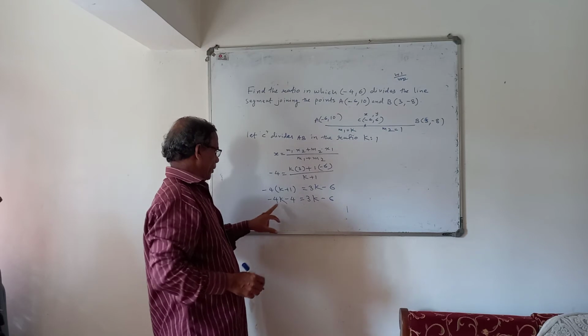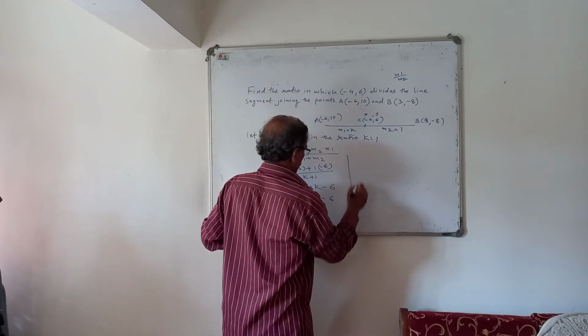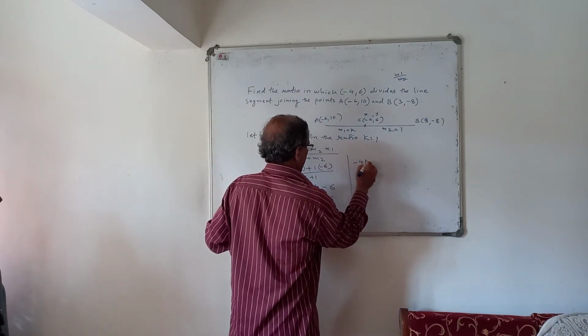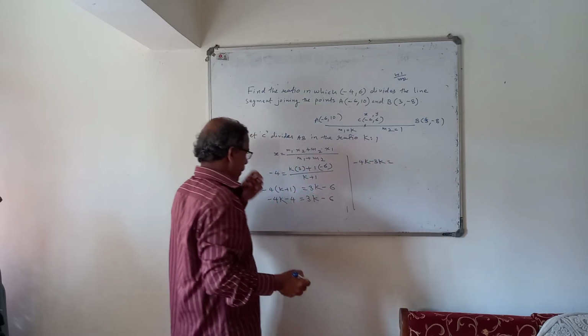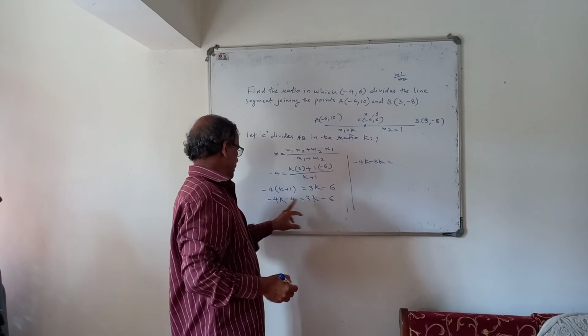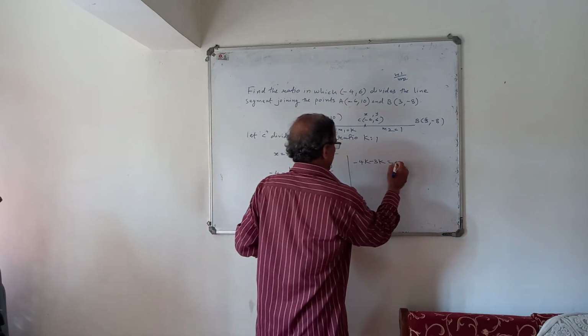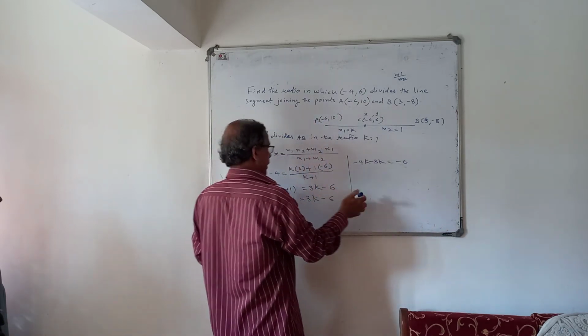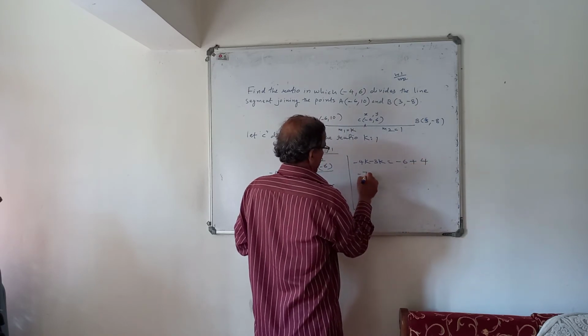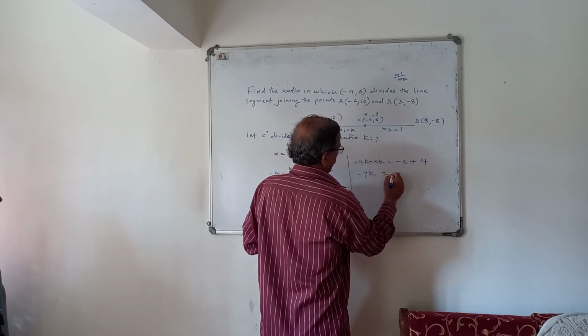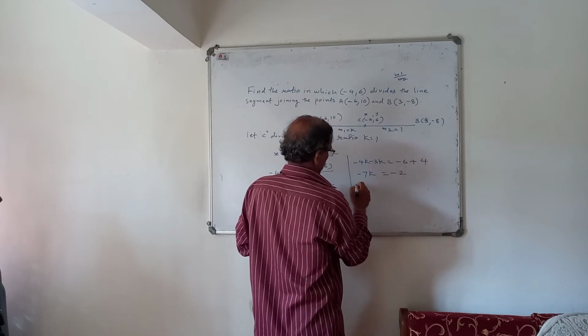Now k will come to one side, so minus 4k minus 3k should be equal to minus 6 and this minus 4 will be plus 4. So minus 7k is equal to minus 2.